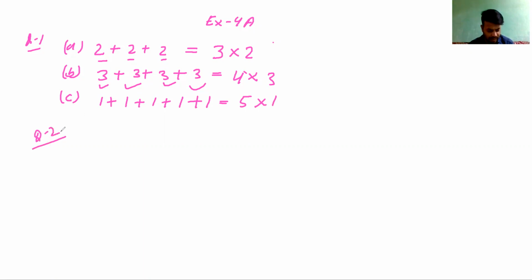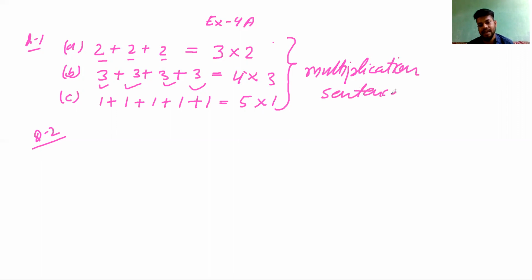Second question says write the addition sentence and product for each of the following. So basically, children, this was the multiplication sentence, and now in question second we have to write the addition sentence.